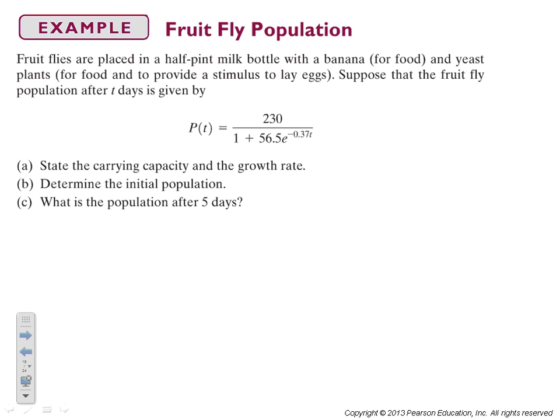Okay, so t here is being measured in days. Let's see what happens after 30 days. And y is the population of fruit flies. How big do I need this number to get? 230. Carrying capacity in this case is 230, so I don't have to go any higher than that.